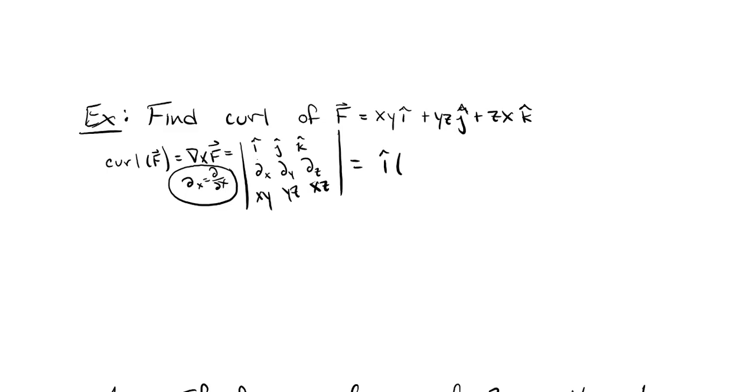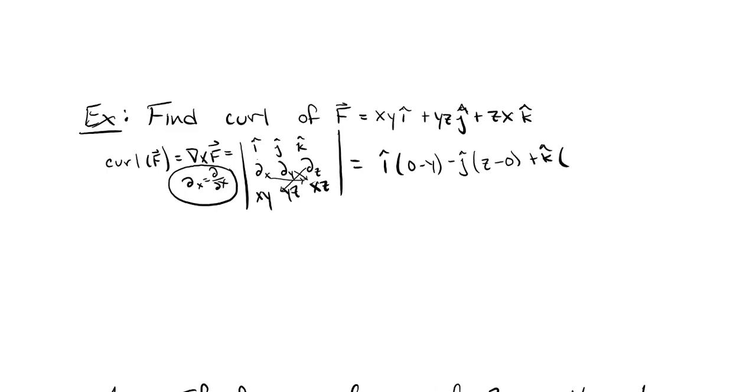When I do that in the I direction, I get partial with respect to y applied to xz, that's 0. Partial with respect to z applied to yz, that's minus y. In the j direction, put that negative out front, I get partial with respect to x of xz, that's z, minus partial with respect to z of xy, that's 0.